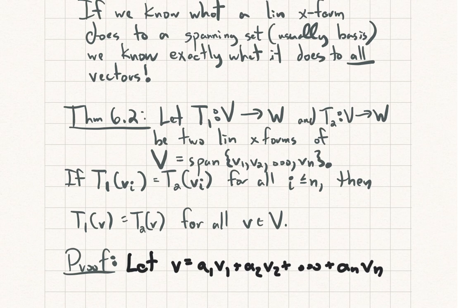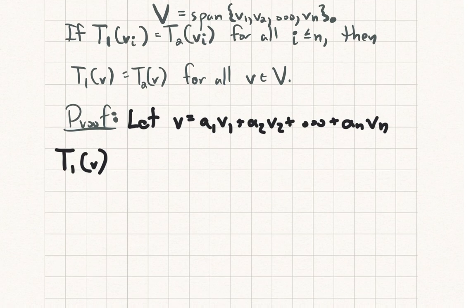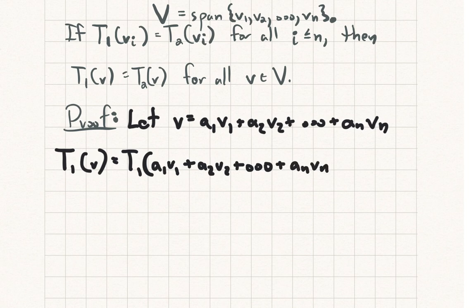So let's go ahead and apply T1 and T2 to it. Let's take T1 of V. Let me scroll to make a little more room here. So T1 of V is going to be T1 of A1 V1 plus A2 V2 all the way to AN Vn.